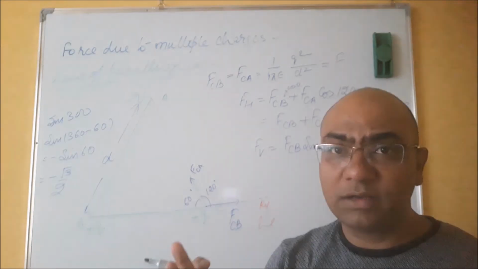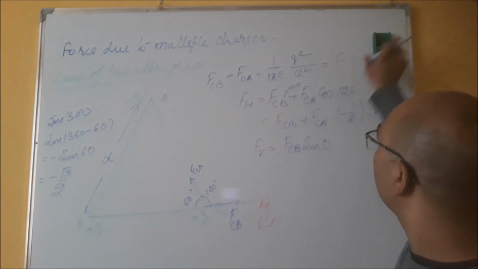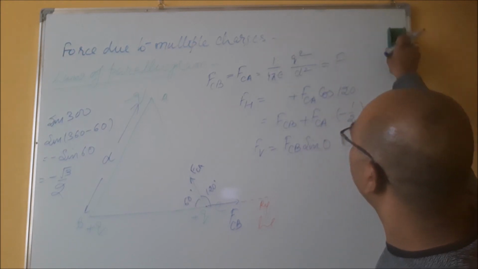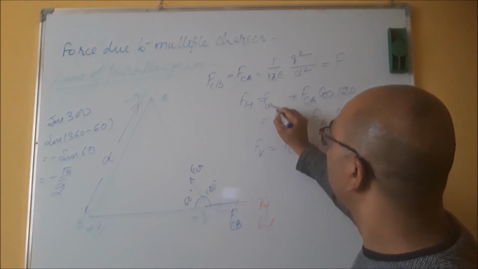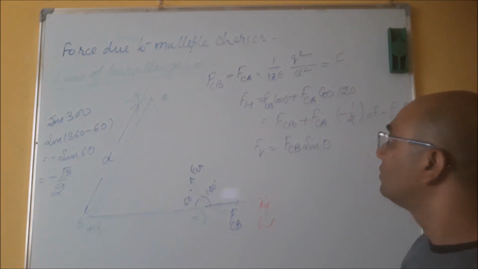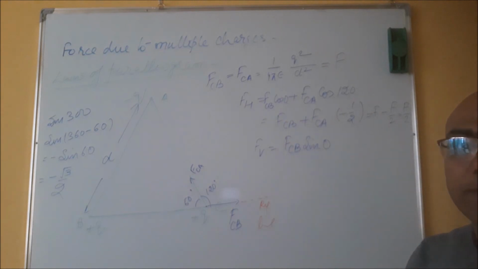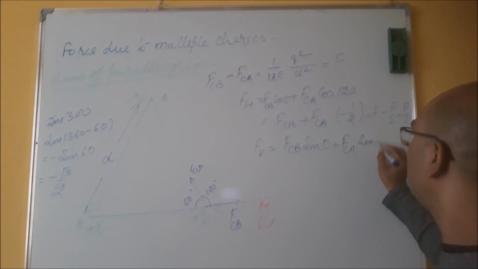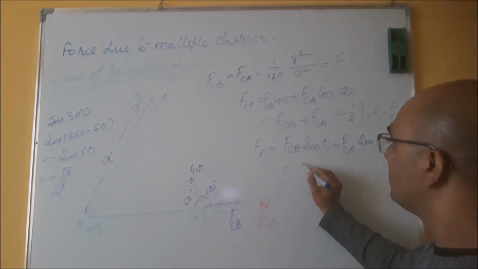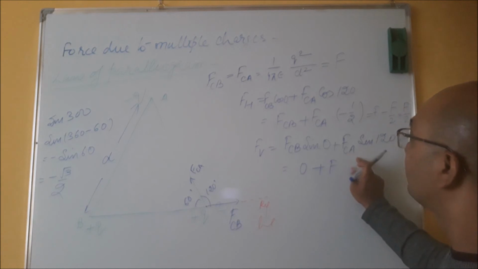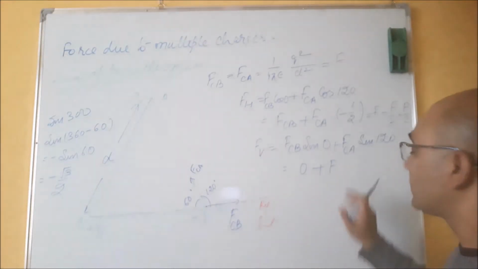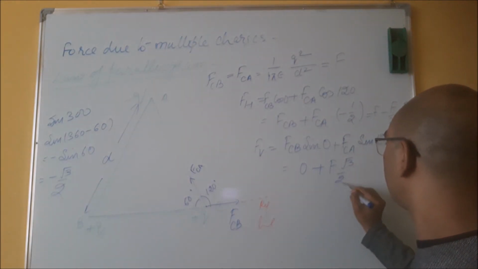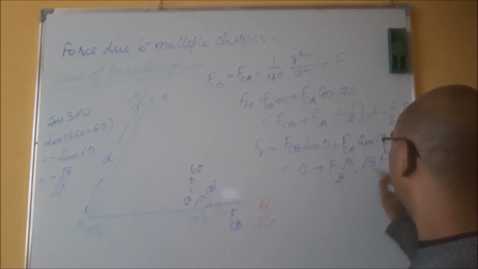But if you want the correct expression, let me write the complete expression for better understanding: FCB cos 0, so ultimately it will be FCB plus FCA sin 120. So this will be 0 plus F, because I am putting FCA equals F. Sin 120 is root 3 by 2, so this will be root 3 F upon 2.